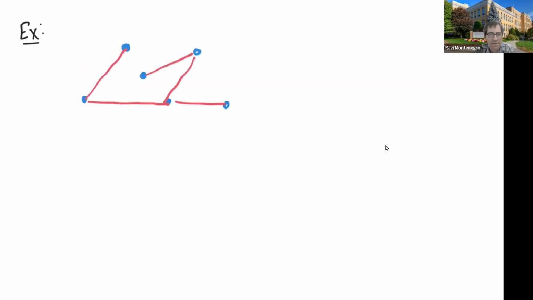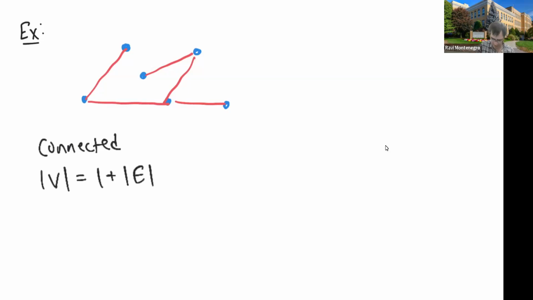Consider the following tree. We know this is a tree because it is connected. If you pick any 2 points, you can get between them by following edges. And it has no cycles because if you pick a starting point and start wandering around, you can never get back without repeating something. At this point, I would have to backtrack. So the first property of trees was that if it was connected, it is, and the number of vertices is 1 plus the number of edges.